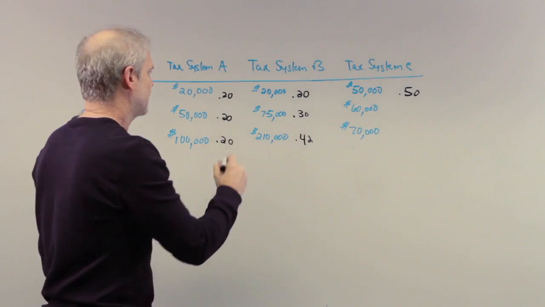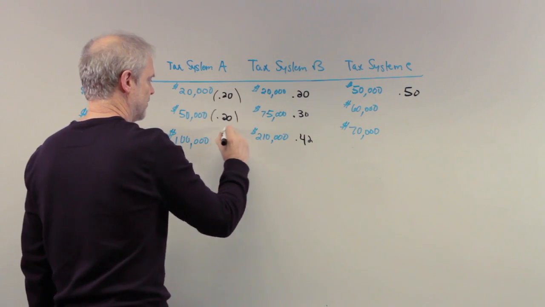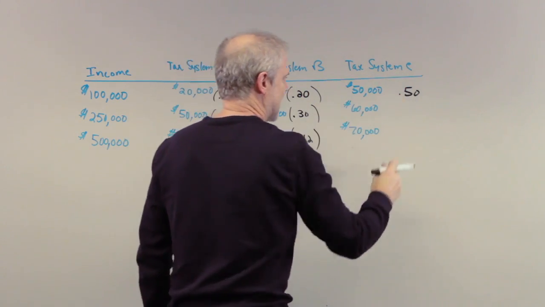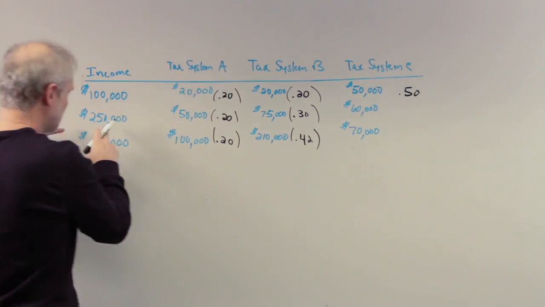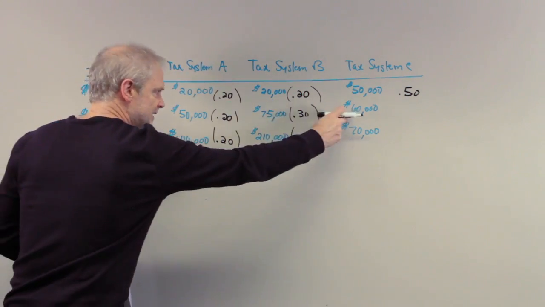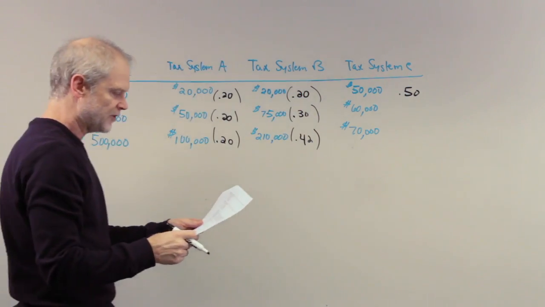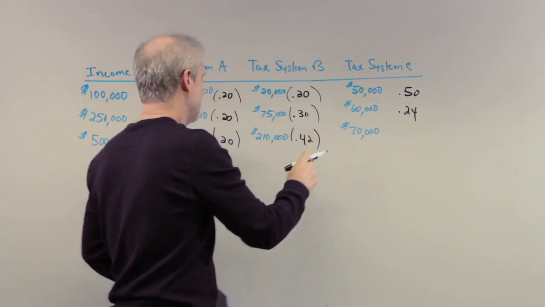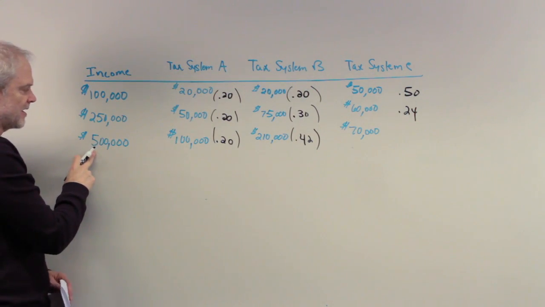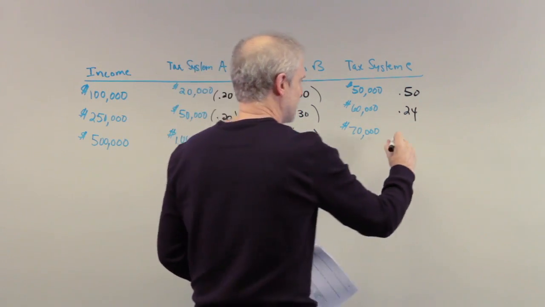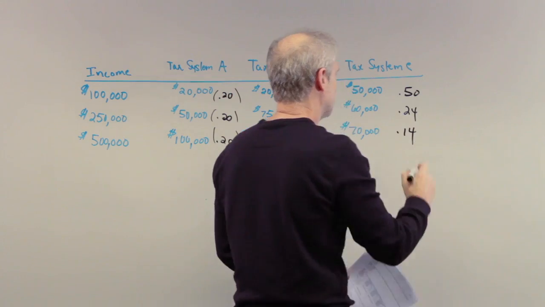We can finish it off with the last one, going to the last person here, made $250,000, paid $60,000 in taxes. 60 divided by 250 is equal to 0.24. Lastly, person made $500,000, paid $70,000 in taxes as a portion of their income. That is 0.14. Okay?